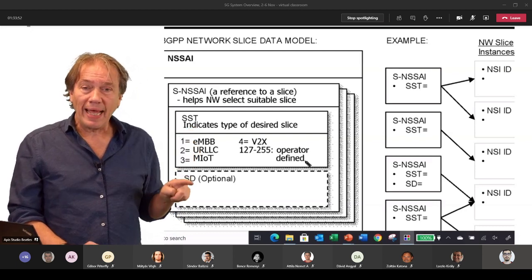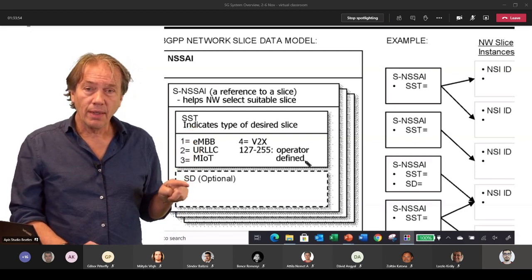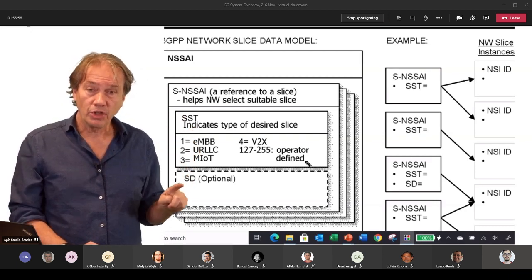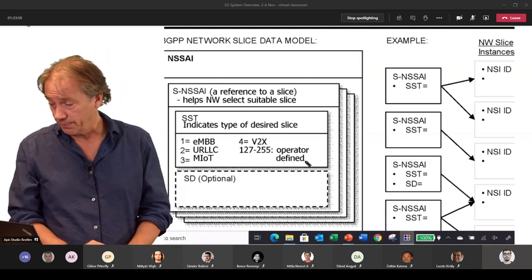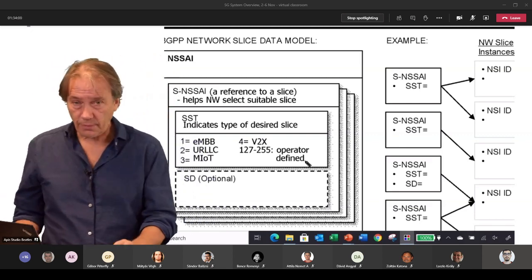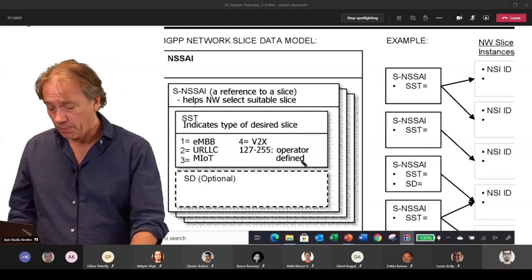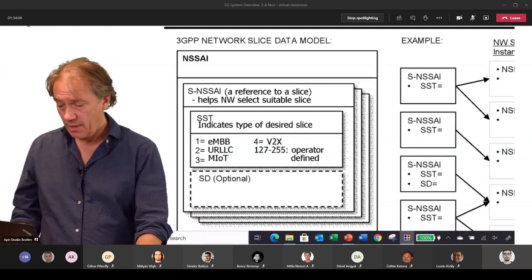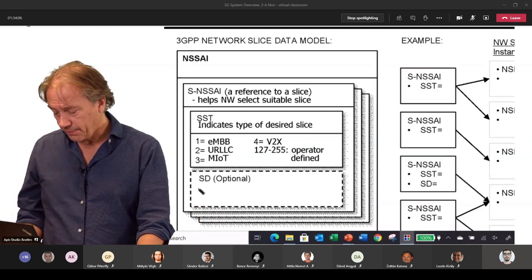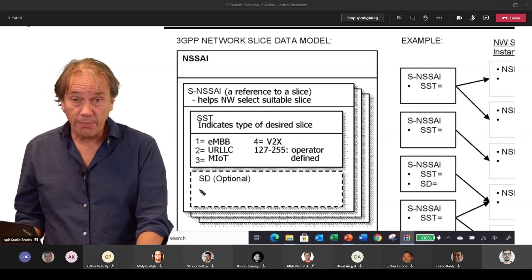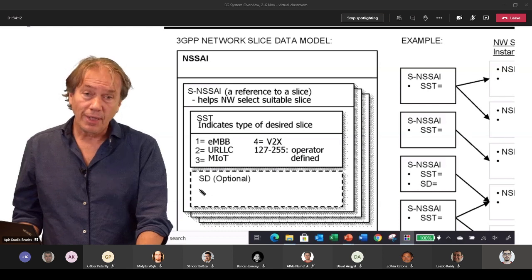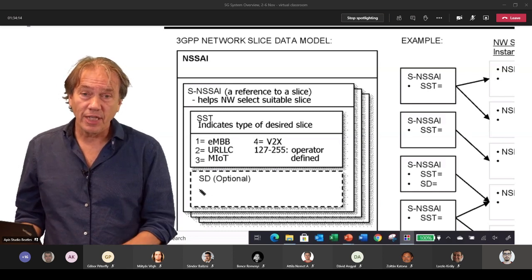So we can extend the SST value with a slice differentiator. And as it says here, it's optional. And the point here, it allows us to differentiate between slices with the same SST value.